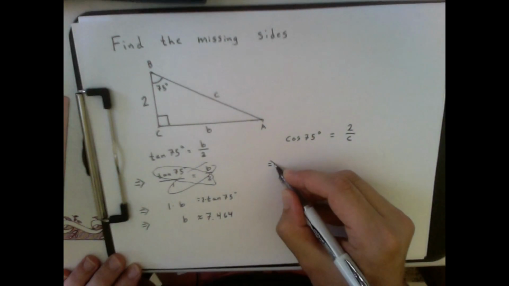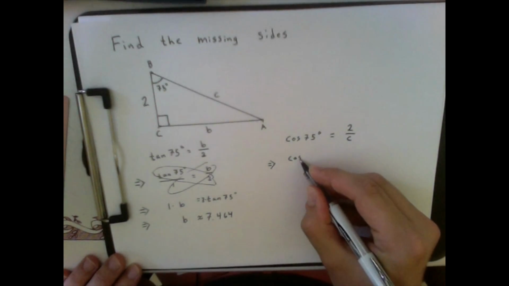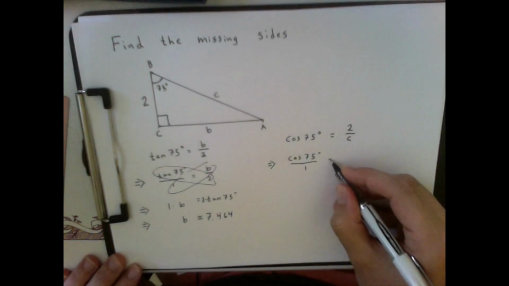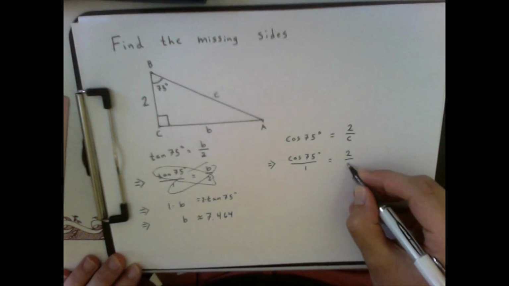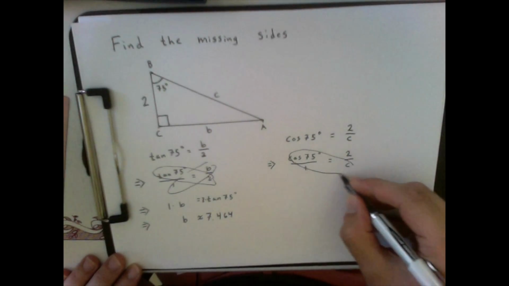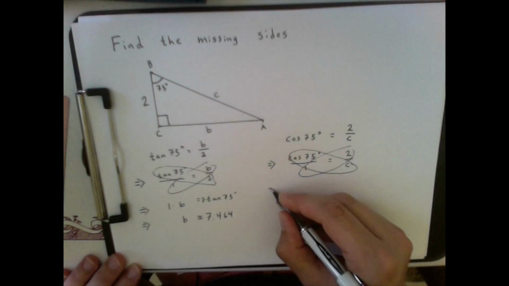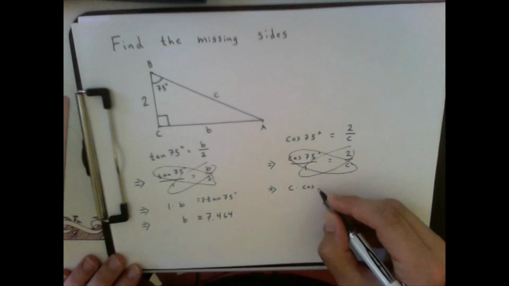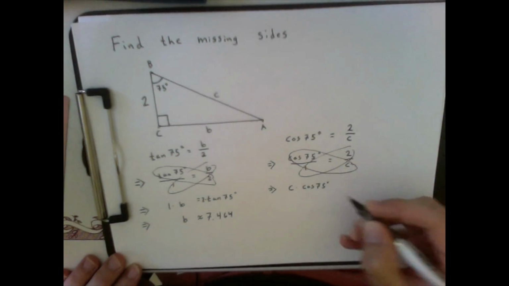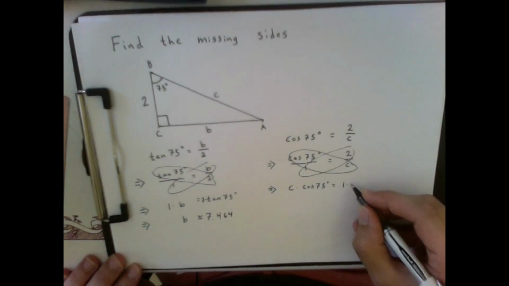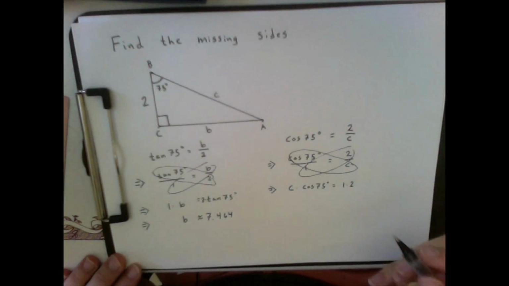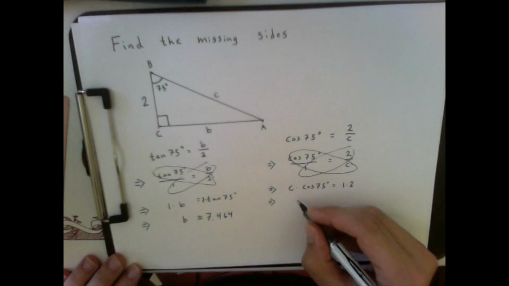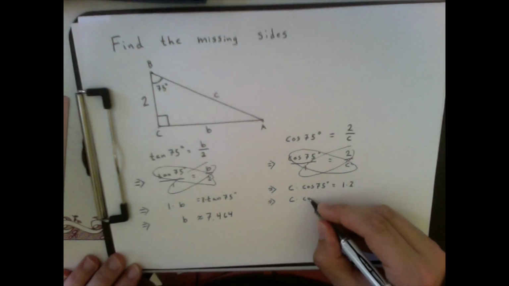And now we put cosine of 75 degrees over 1 with the idea of cross multiplying. And we have c times cosine of 75 degrees is equal to 1 times 2. 1 times 2 is, of course, 2.